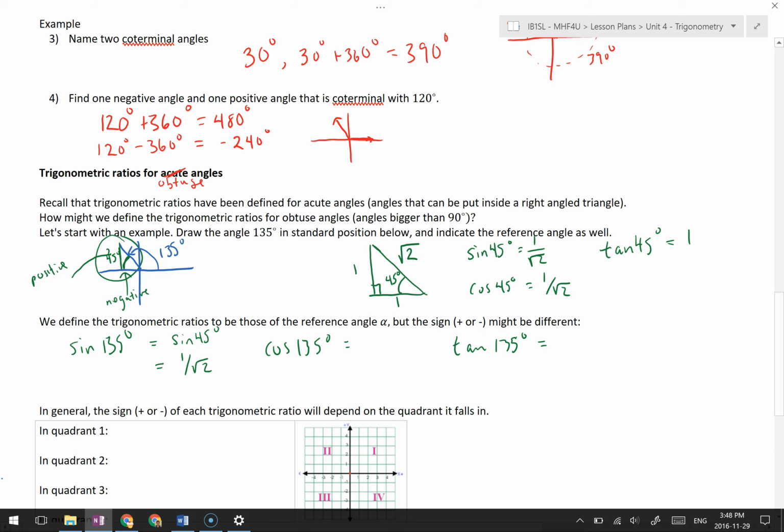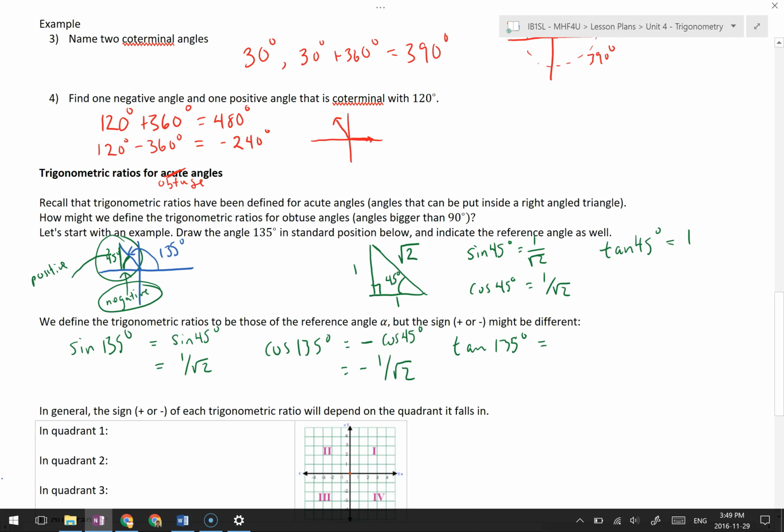The adjacent is negative when the hypotenuse is positive. So we're going to find this to be the negative cosine of 45 degrees, which is negative 1 over root 2.